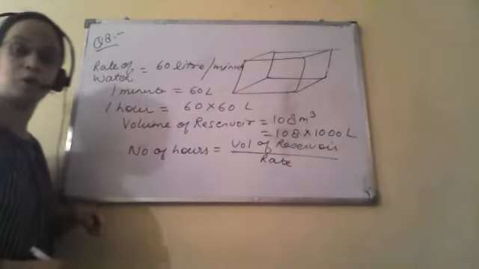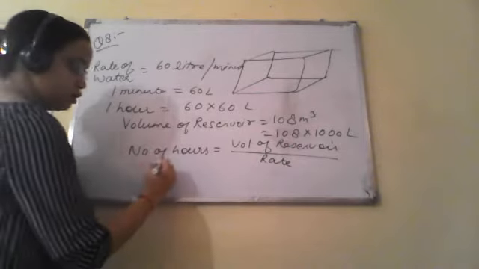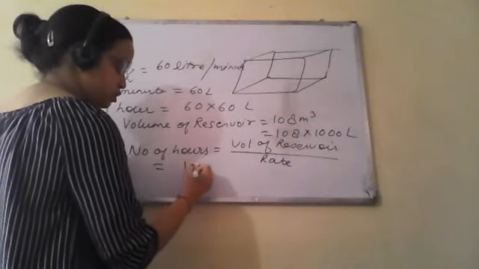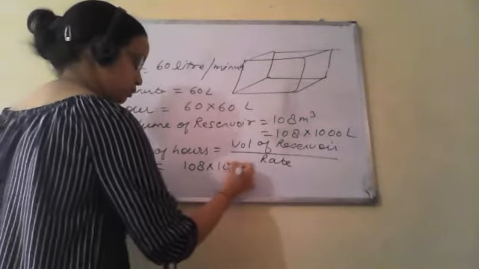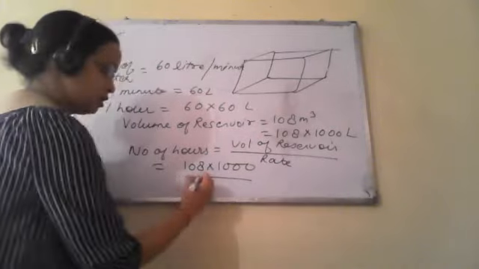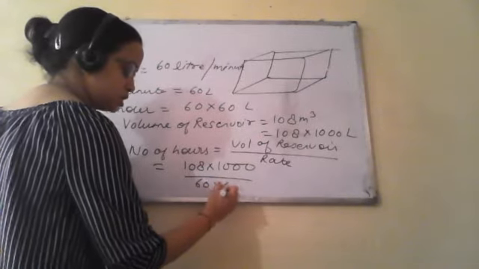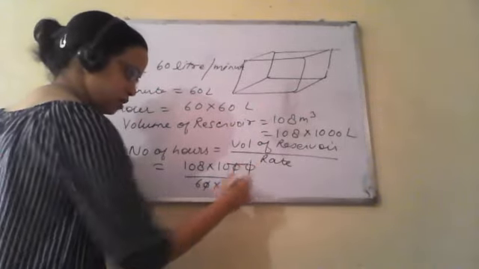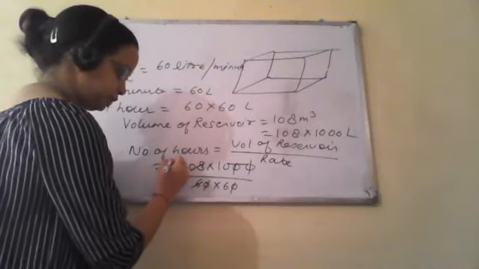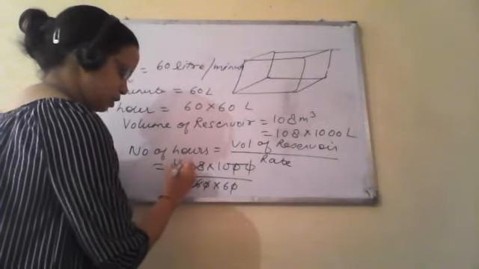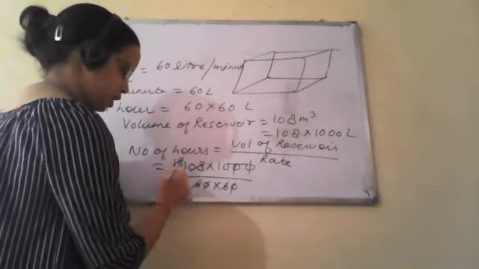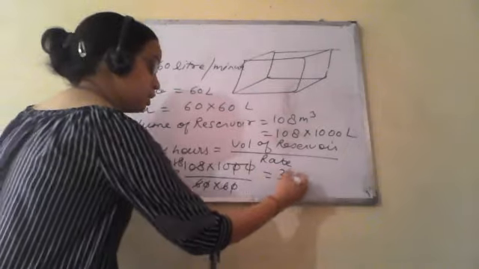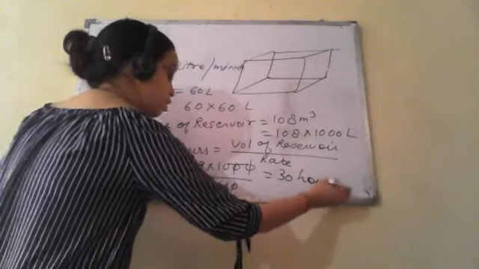Rate means how much liter of water it is pouring into cuboidal reservoir in 1 hour. So volume is 108 into 1000 and in 1 hour it was pouring 60 into 60 liters. So we just cancel. This is 1, 8 and 3. 3 into 10 is 30 hours. So it will take 30 hours to fill.